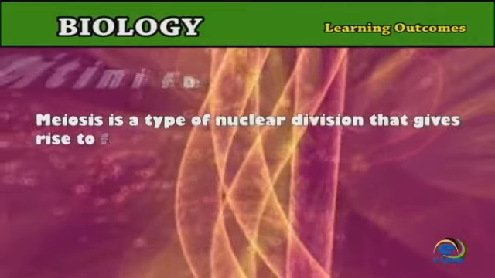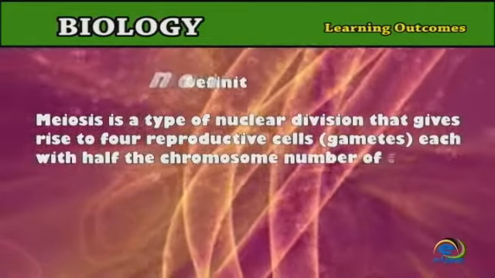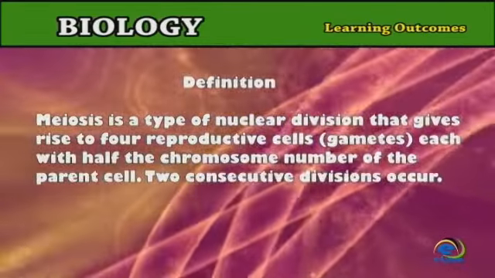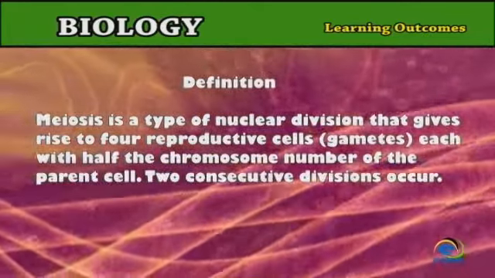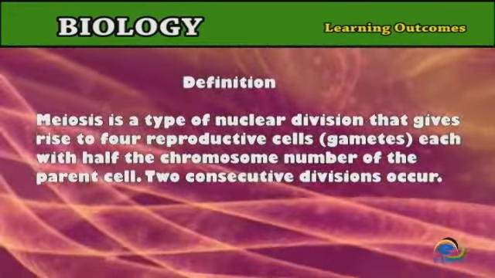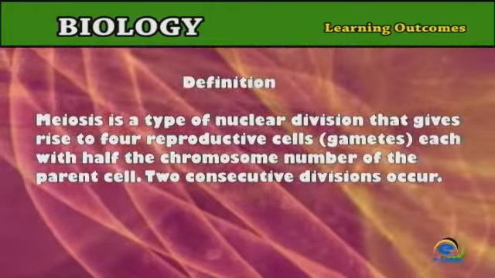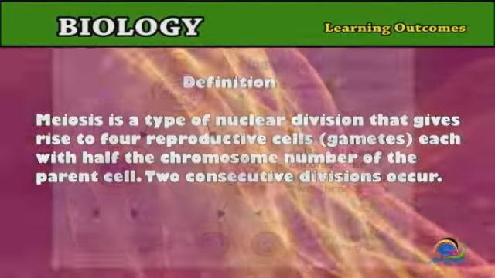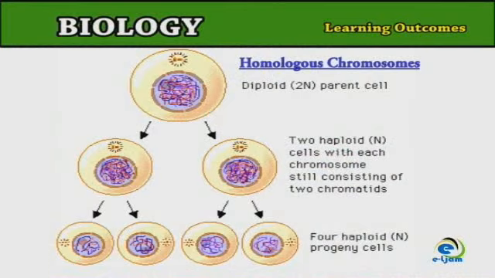Meiosis is a type of nuclear division that gives rise to 4 reproductive cells, gametes, each with half the chromosome number of the parent cell. 2 consecutive divisions occur. In the first, homologous chromosomes become paired and may exchange genetic material before they move away from each other into separate daughter nuclei.